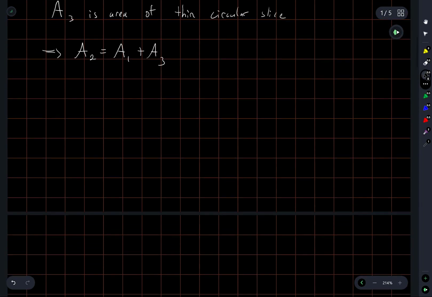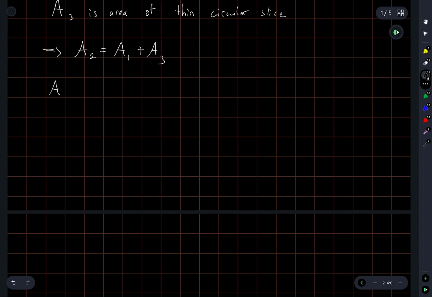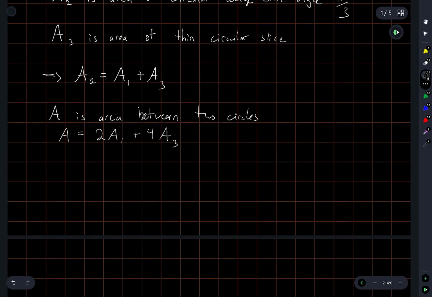And the area that I'm looking for, the area between the two circles, we'll call that A, and we know that A is equal to 2A1 plus 4A3, which if I make some substitutions and rearrange gives us 2A1 plus 4 times A2 minus A1, which is 4A2 minus 2A1.